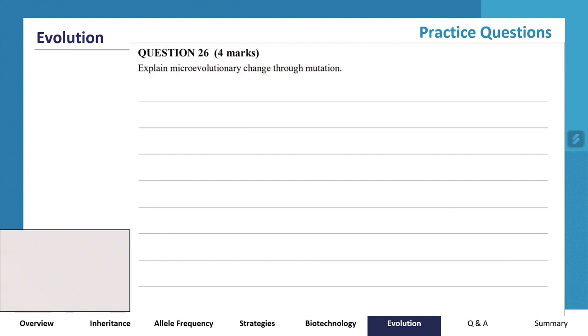Have a go at even just writing down some dot points that can be used. So you're asked to explain microevolutionary change through mutations. 4 marks means you need to be giving 4 pieces of information. So I want you to have a think, maybe for the next 2 minutes, as to what they may be. And I will go through the answer after.